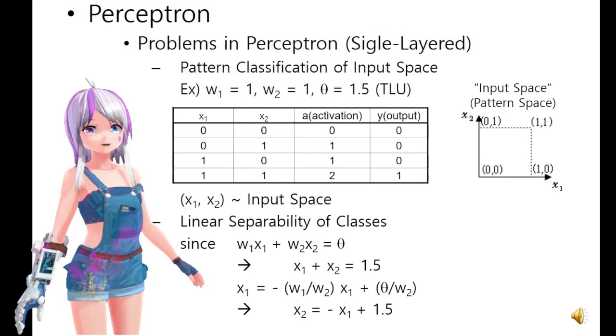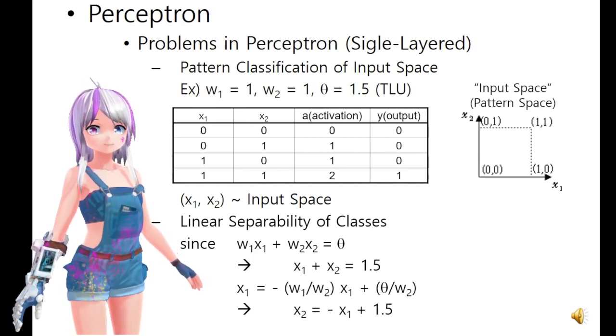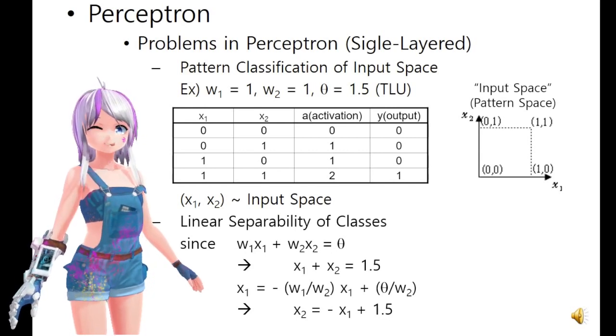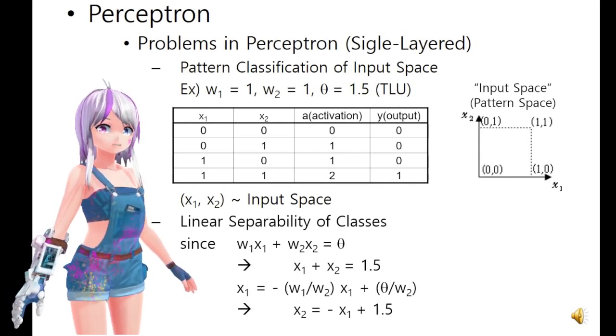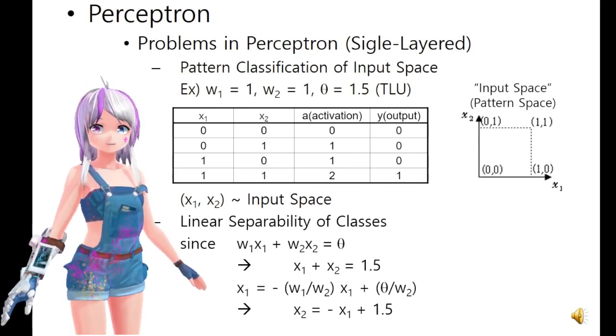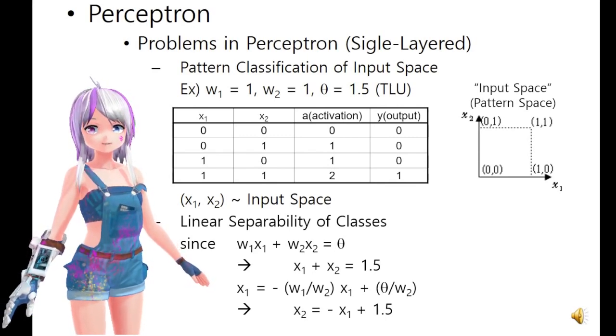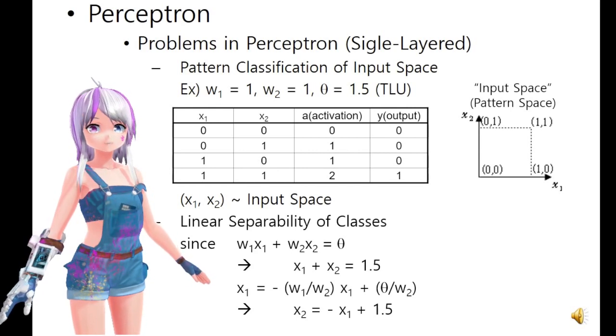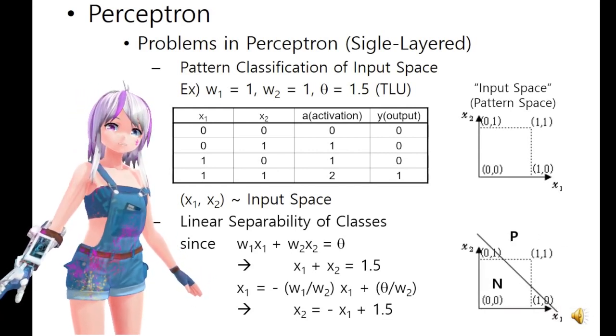Now, what does that mean? Linear separability of classes. Because we have a linear equation, w1x1 plus w2x2, which we compare to theta, you need to check whether it is greater than theta or less than theta. Let's say w1 and w2 are just 1, and the net value is x1 plus x2, which you compare with 1.5. So the boundary condition of this line in 2-dimensional space is like this.